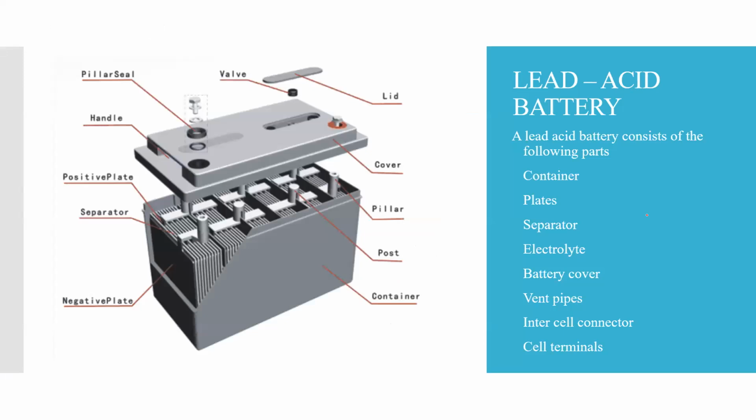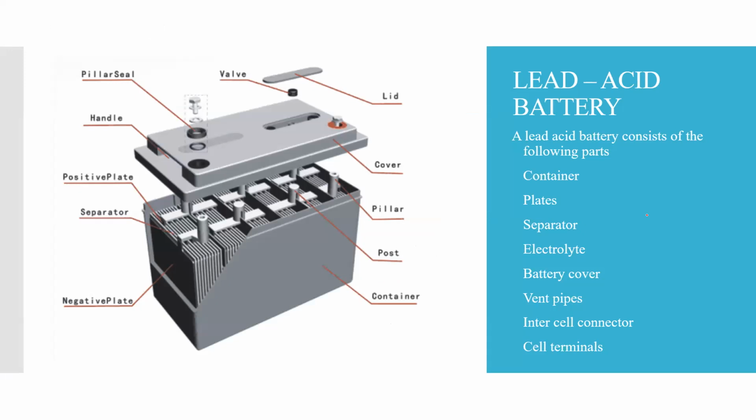Now we will see a lead acid battery. There are a lot of other batteries also, but the lead acid battery is very popular in conventional applications. In electric vehicles we have lithium ion batteries, and in your mobile also we have a lithium ion battery. Lithium ion batteries are also of different types.